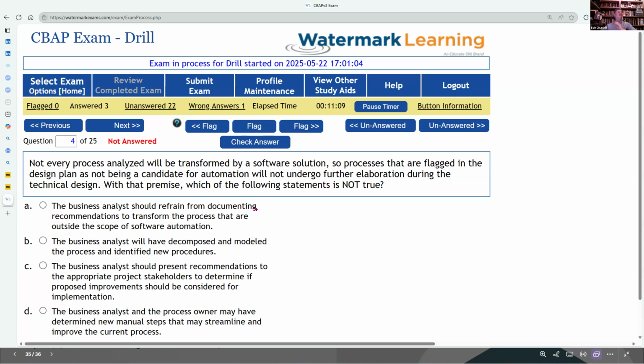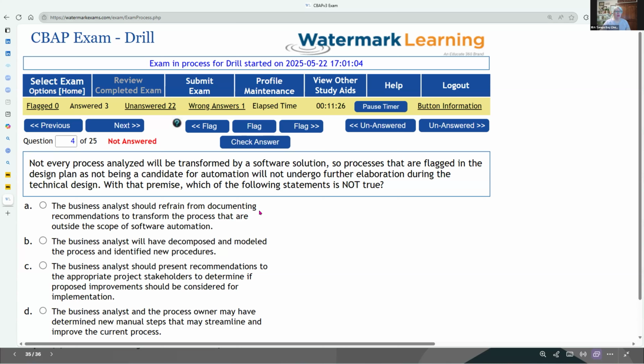You have to think of this stuff more in general. Yes, that's in the perspectives, but because Watermark tells us that that's not really used in the test, we pretty much ignore it. So the rest of the whole BABOK is about software development.